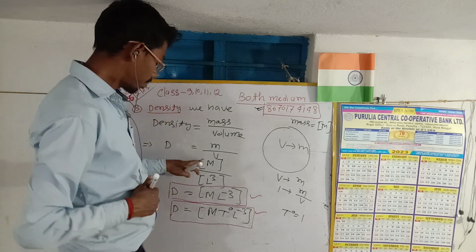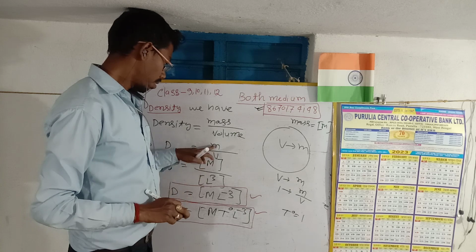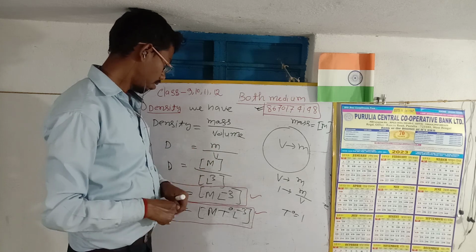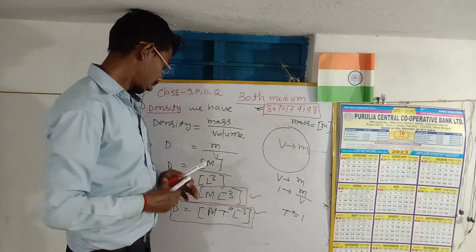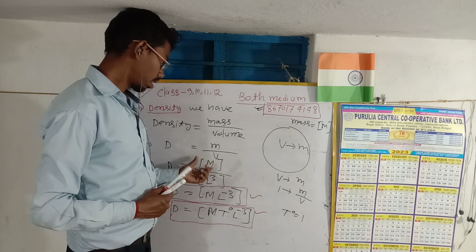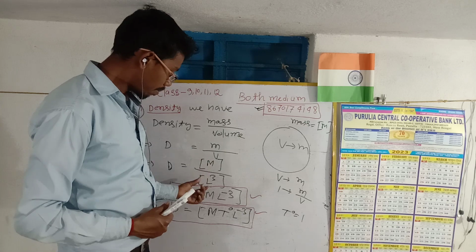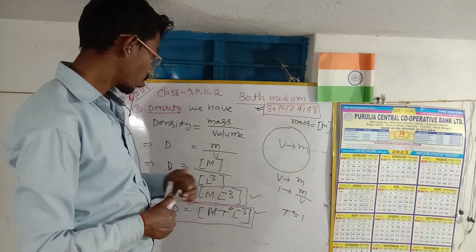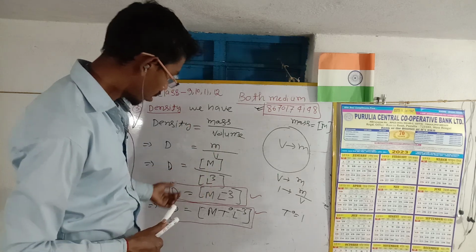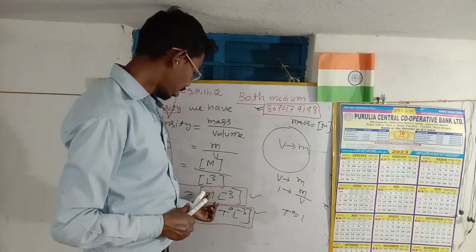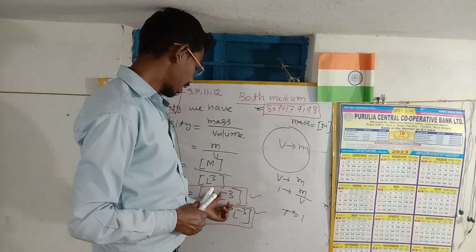In the previous lecture, mass dimension is capital M. Dimension is always capital. Volume dimension is L cube, because volume equals length into breadth into height. So M L to the power -3.